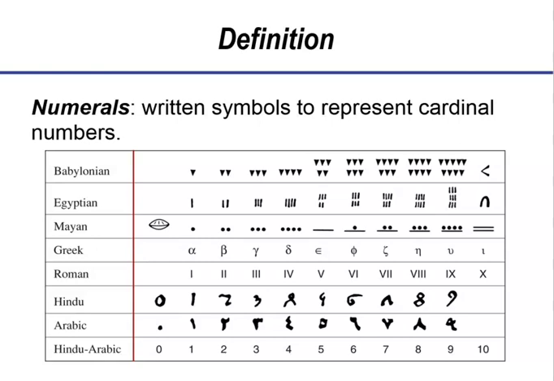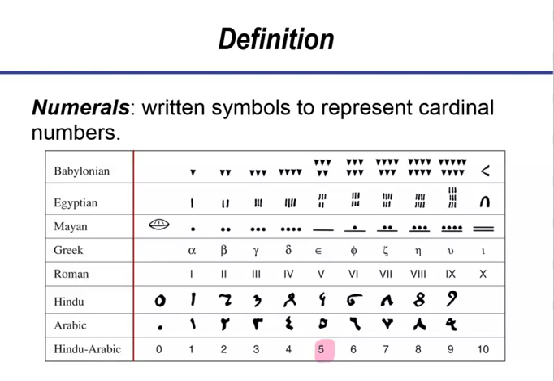Whereas the symbol that we use for 5 in the Hindu-Arabic system, the bottom row down here, is just to represent the idea of 5. That's a numeral that represents the idea of 5, which is a number.